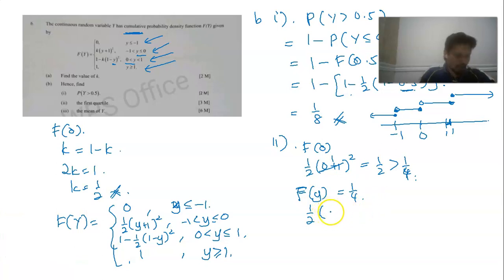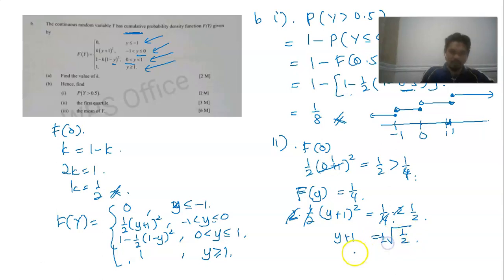Okay, this (y plus 1) square equal to 1 over 4. So multiply with 2 on both sides, so it becomes 1 over 2. And then (y plus 1) square equal to half. So y plus 1 equal to plus or minus square root of half, and y equal to plus or minus square root of 1 over 2, minus 1.